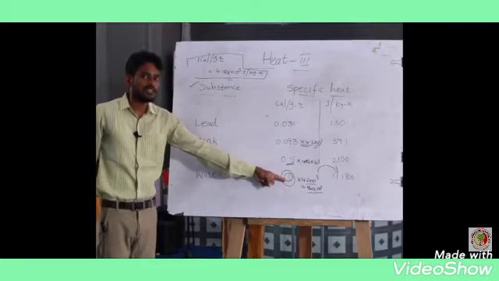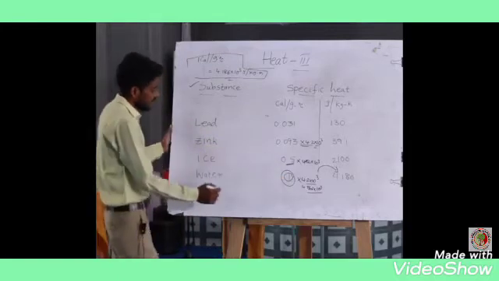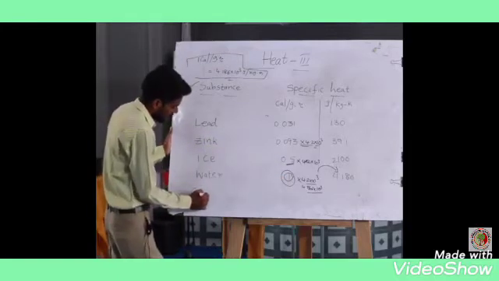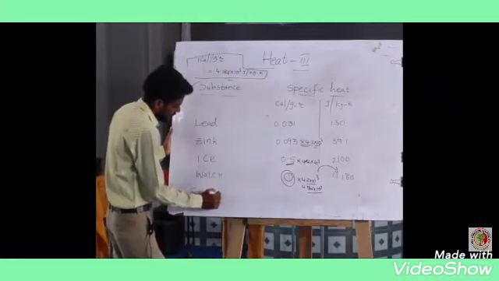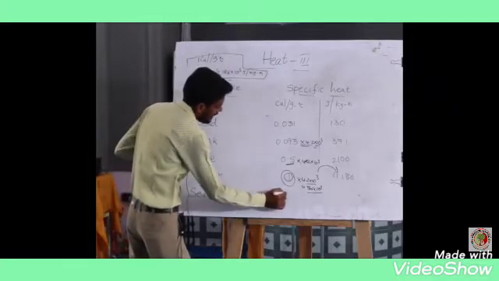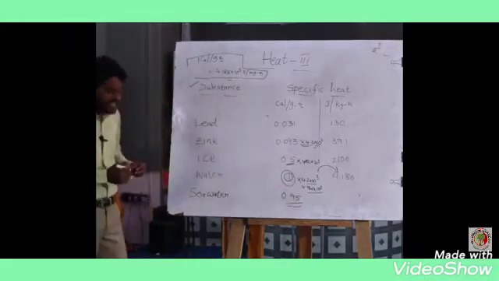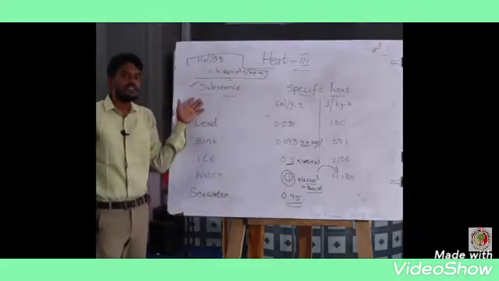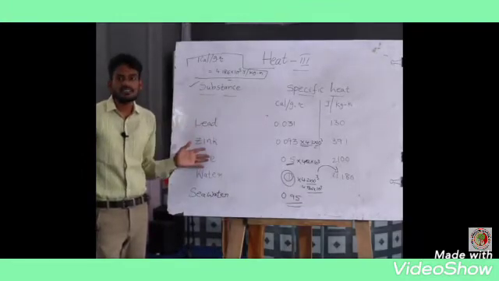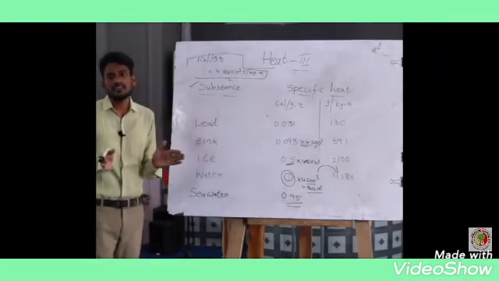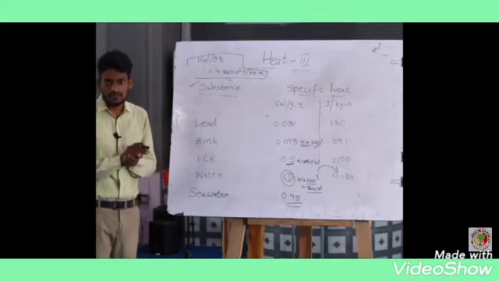Water is the substance which has more specific heat. If you take seawater, 0.95. You may get one doubt clearly. Sir, why are all substances not having the same specific heat values?